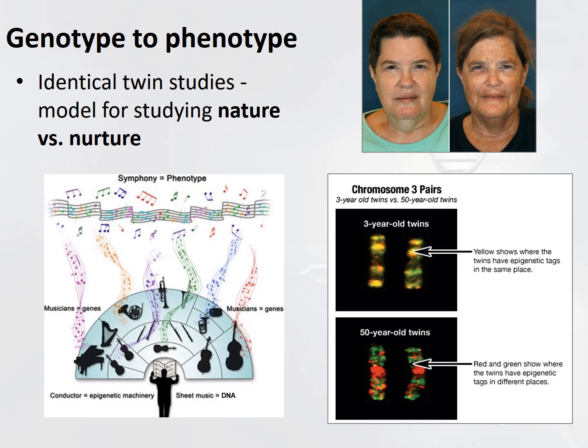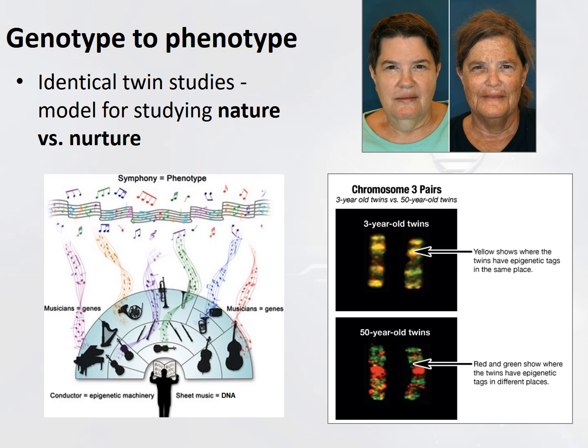The best models for how a phenotype can be changed without any changes in DNA are homozygotic twins, which are genetically identical. And the perfect example you can see in this chromosomal stain of a set of the same twins at the age of 3 and 50.